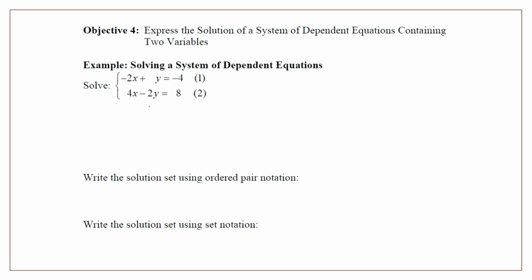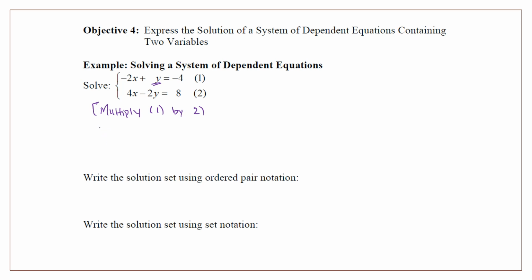So the variable I want to eliminate is going to be y, because this y term has a coefficient of 1. So I'm going to multiply equation 1 by 2.